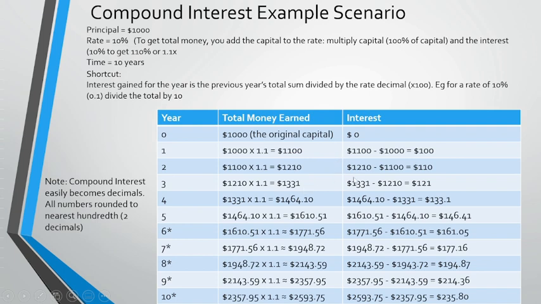So what you'd be doing to get that interest is subtracting the total for year 2 from the total for year 3 to get the interest for that year. So it'd be like saying 1,000 times 1.1 to the power of 3 minus 1,000 times 1.1 to the power of 2.